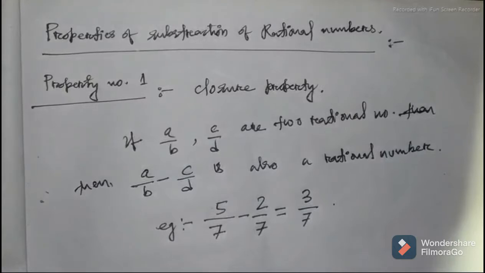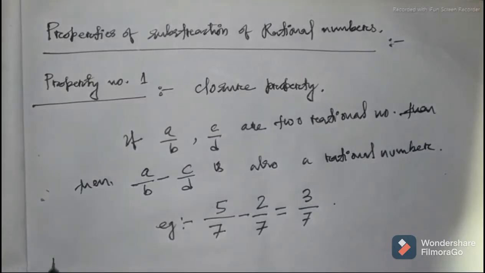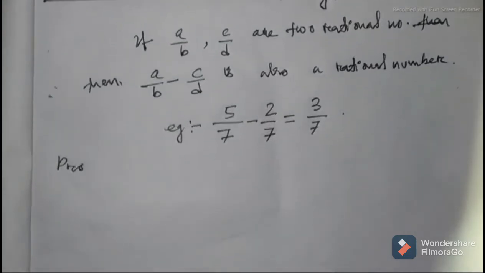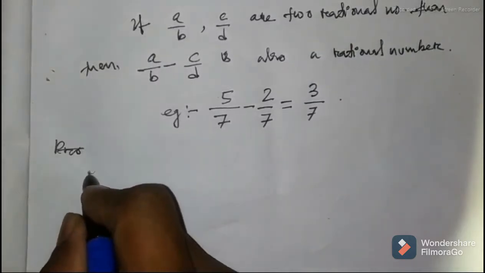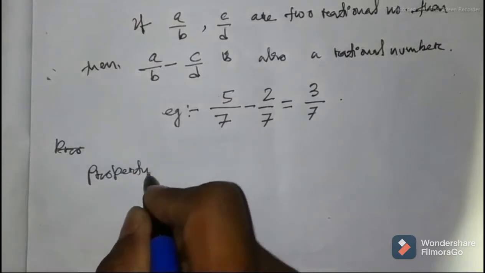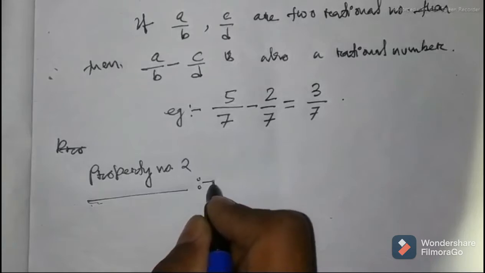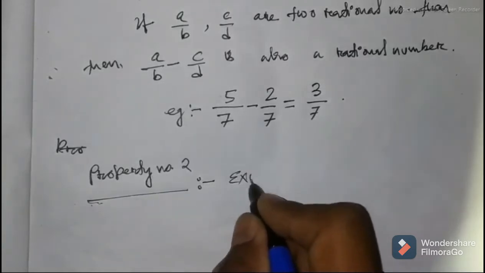Now property number 2 is the existence of right identity.